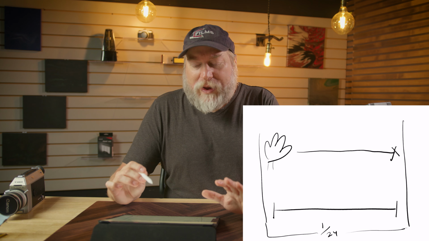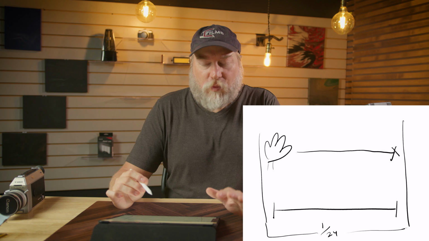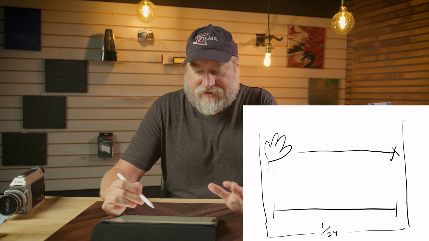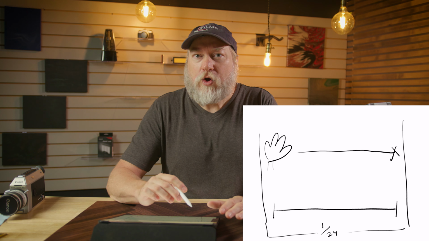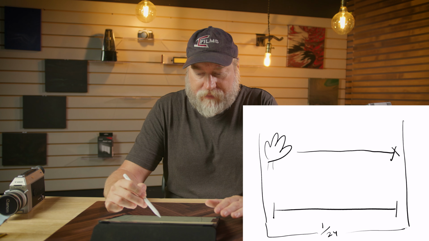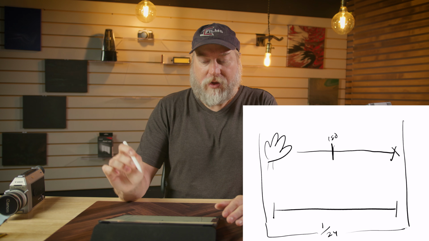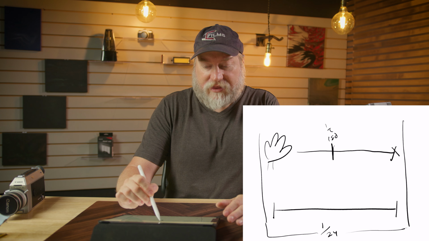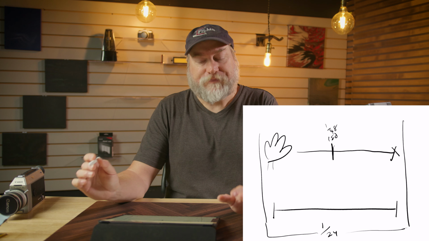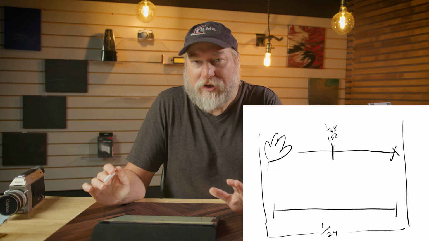Now, when we open this at 180 degrees, that means we're only going to hold the shutter open until this point right here. That would be a 180 or a 1/48th of a second shutter. Now, what does that look like?